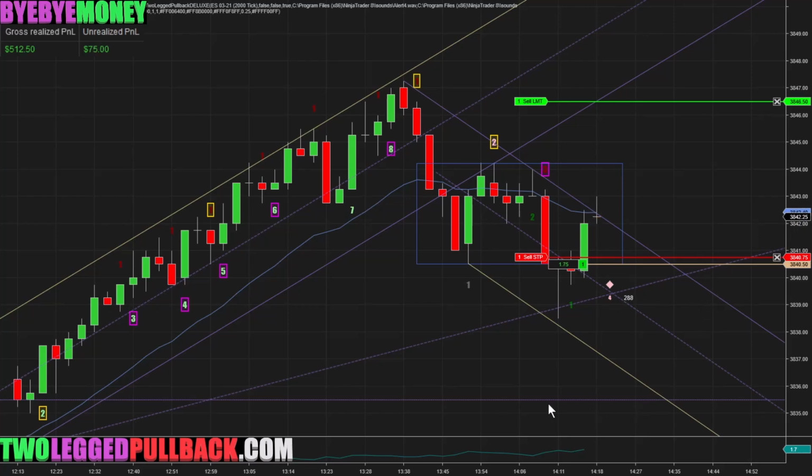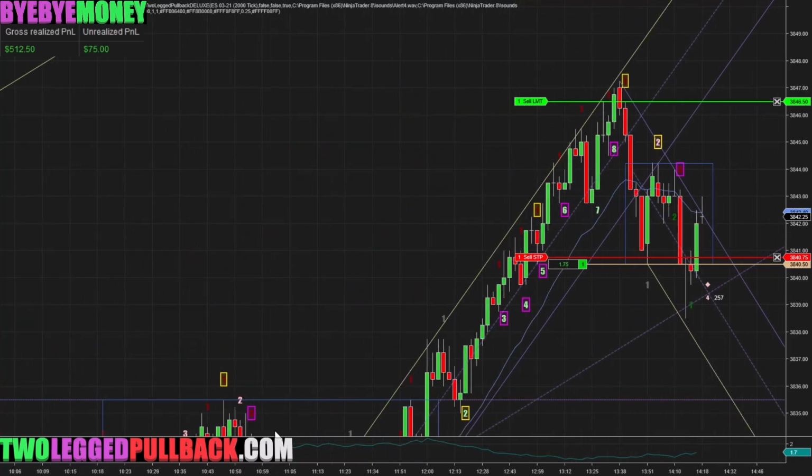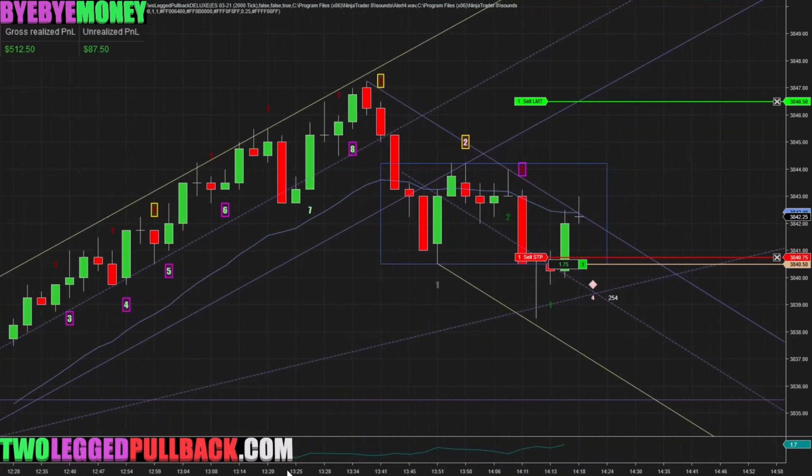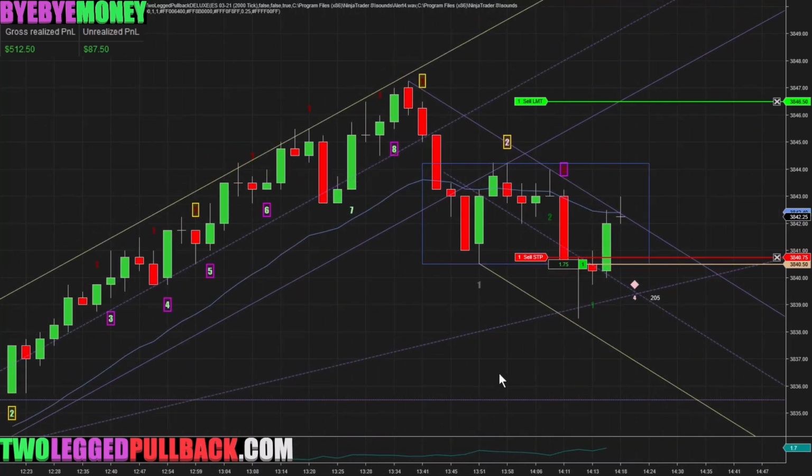The idea is I think we're going to come back to test the top of this range, and also it has to sooner or later test the top of this range for a double top. Otherwise, there's not going to be enough bears and enough bulls selling, I think.